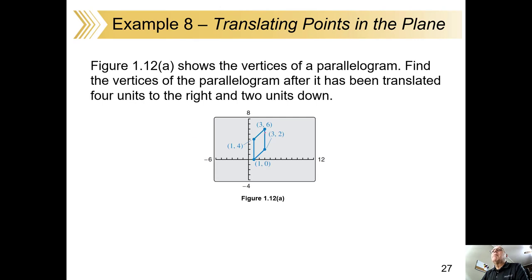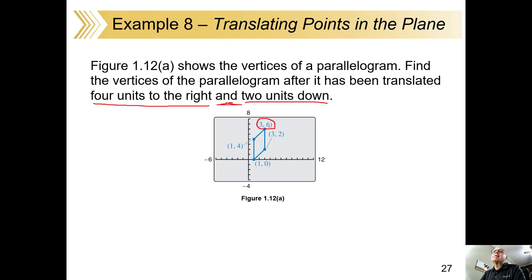So here is our parallelogram. We've got the vertices shown. What we want to do is move that 4 units to the right and 2 units down. All you need to do is do this to each of those ordered pairs.